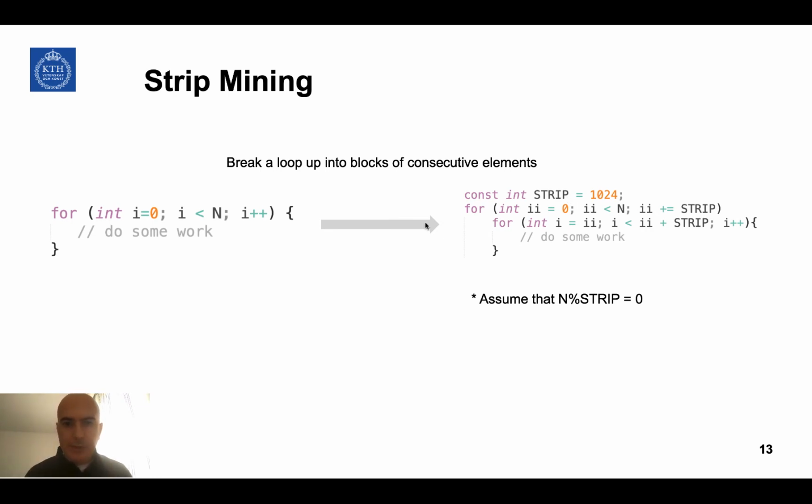And then we separate the loop into two loops. The first loop is jumping by strip elements, while the inner loop is jumping element by element. So this is exactly what it was before, but instead of using one loop, we use two loops.